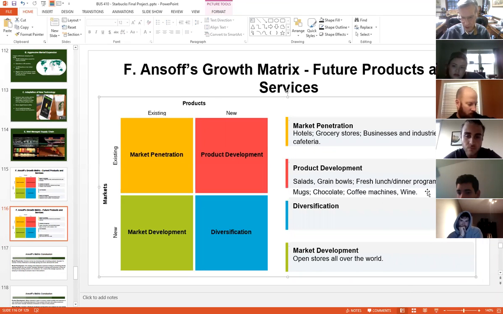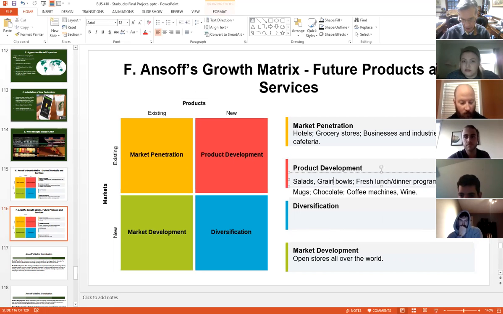You can see what I just did with mugs, chocolate, coffee machines, and all. Those are all new products for the existing market, but they're not diversification. Altogether new products such as pizza, you know, for a whole new market other than the consumers that they're serving now.